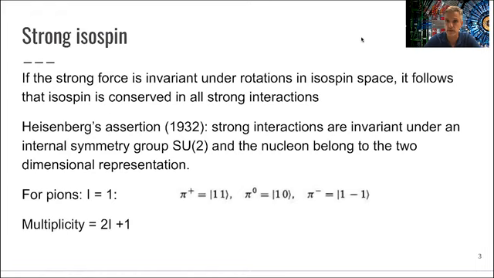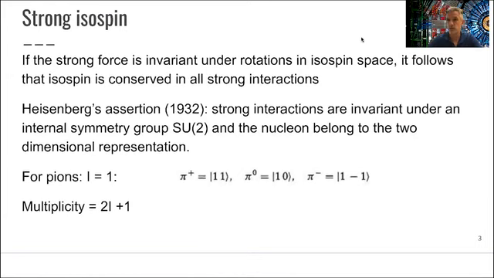So this is very fascinating, and you can now apply this concept to other particles, for example, the pion. The pion has an isospin of 1, and there are 3 pions, or 3 states: the up state, the 0 state, and the down state, which are the pi plus, the pi 0, and the pi minus.